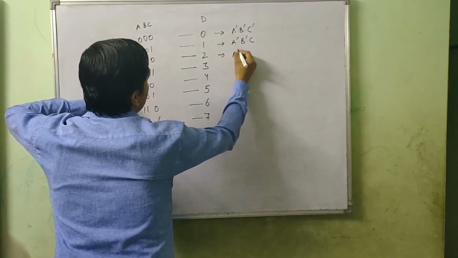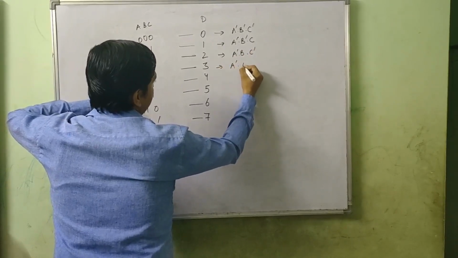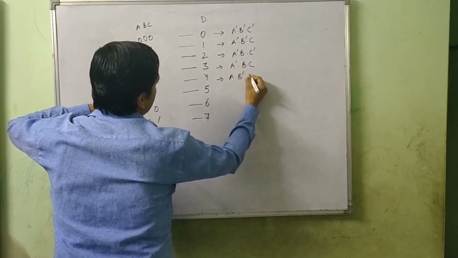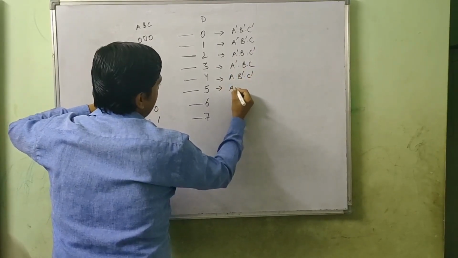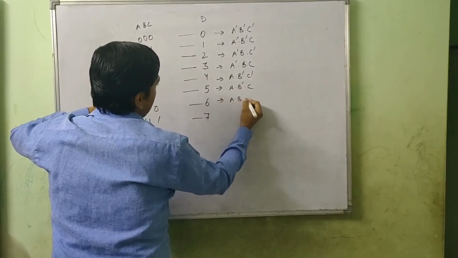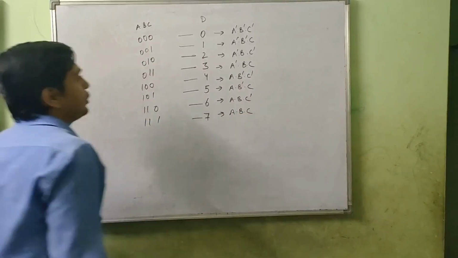So I am going to write them here: A complement and B and C complement, A complement and B and C, A and B complement and C complement, A and B complement and C, A and B and C complement, and A and B and C.